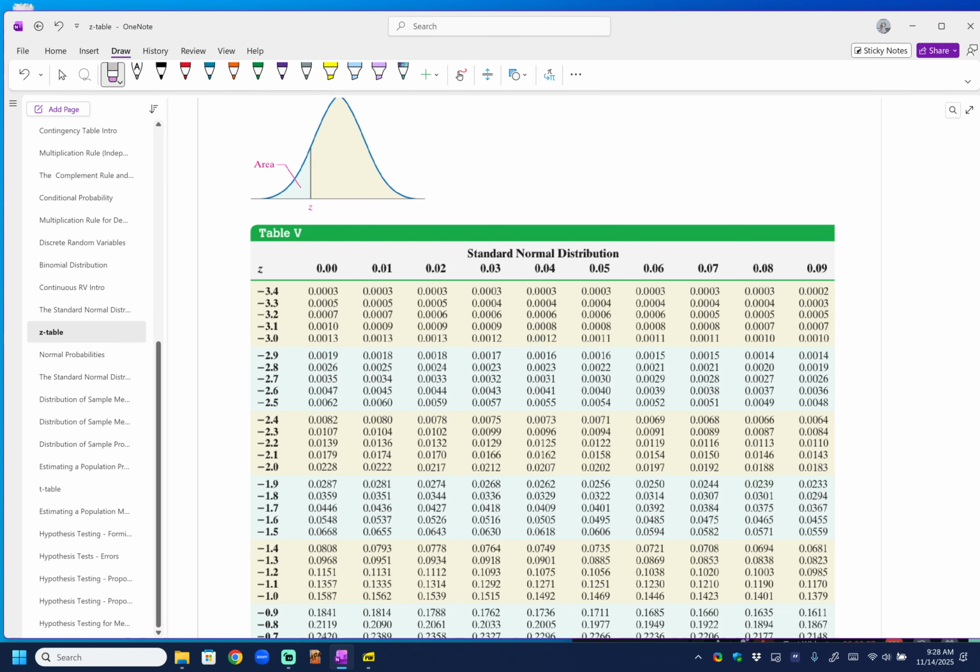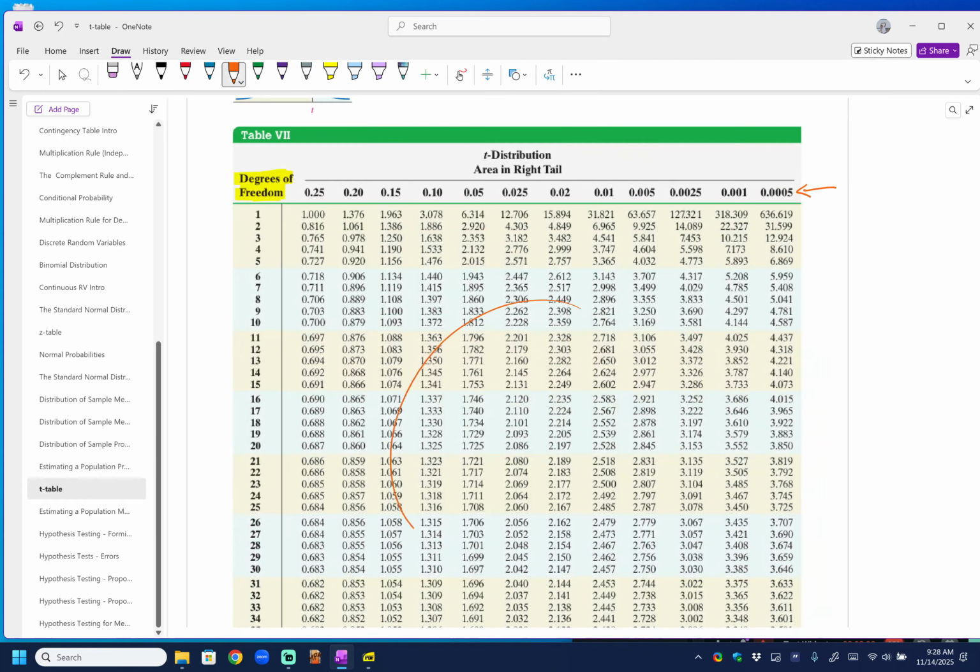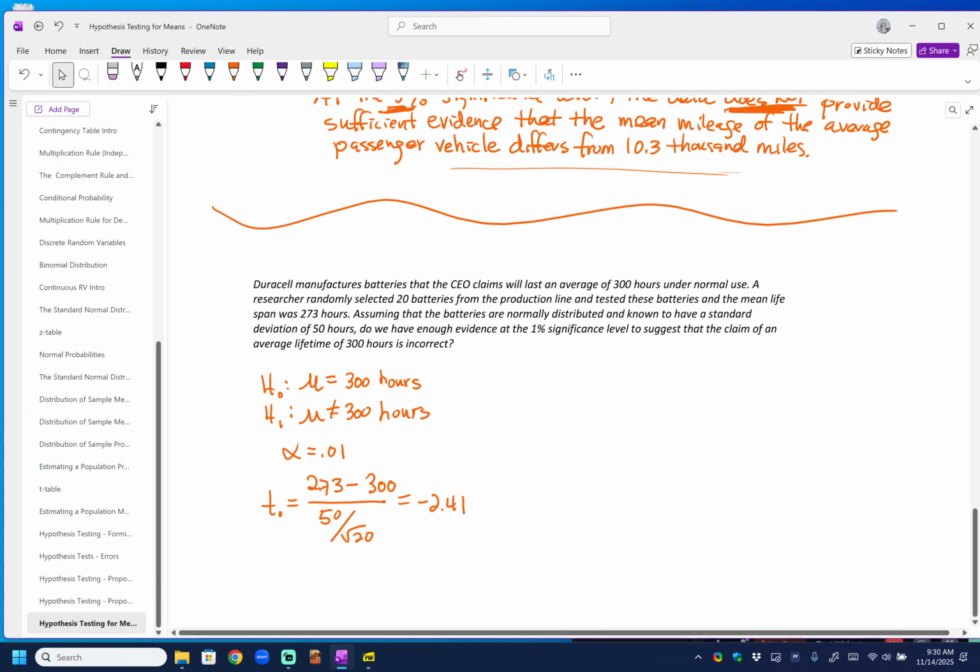So this table's out. If you go to the t-table, there are no areas in here to directly find the area that is related to negative 2.41. And as I mentioned before, this process using these area values is just more trouble than it's worth. Therefore, we do have some options at our disposal, but they will always involve technology.